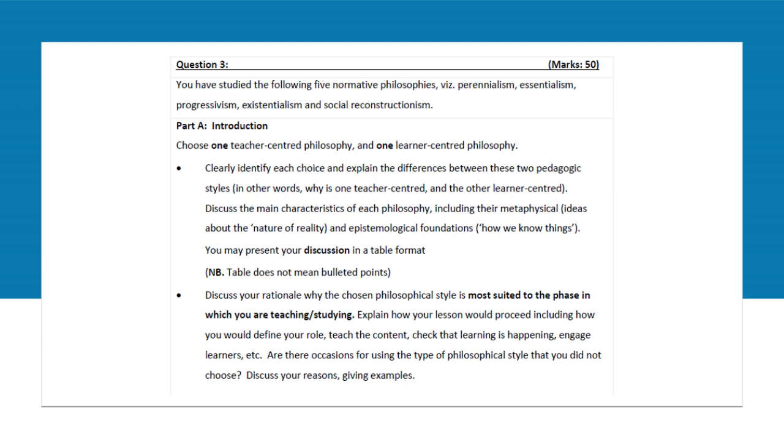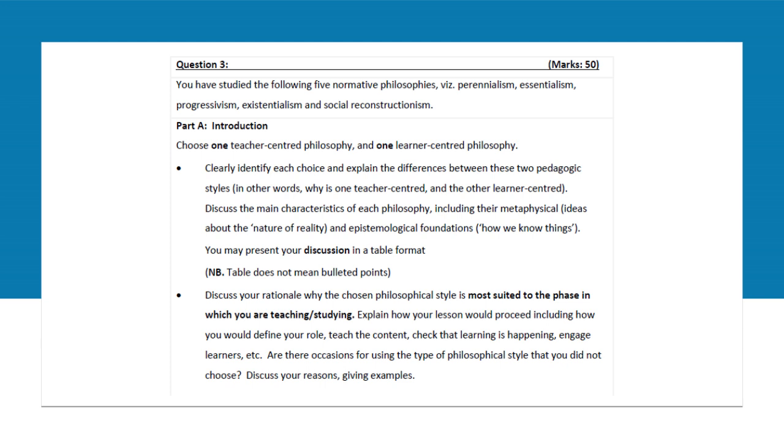Then, after you've now discussed these 2 thingies, you are now going to discuss your rationale, why the chosen philosophical style is most suited to the phase that you are teaching. Explain how your lesson will proceed, including how you would define your role as the teacher, and all of that. Again, it's that column that you did for task 2.